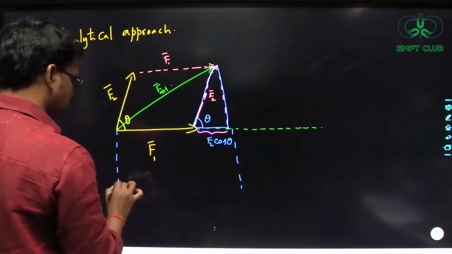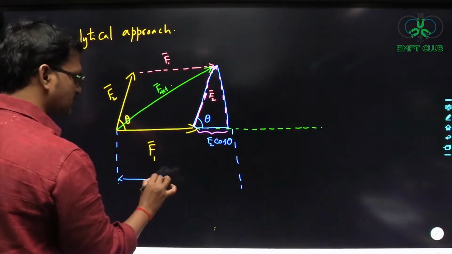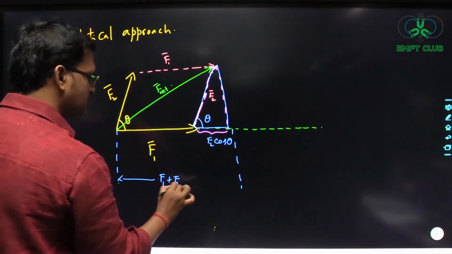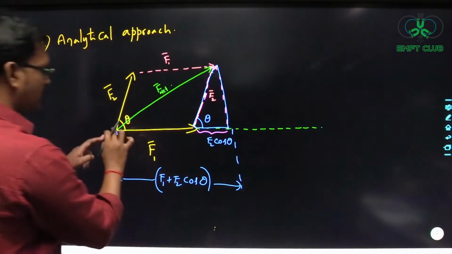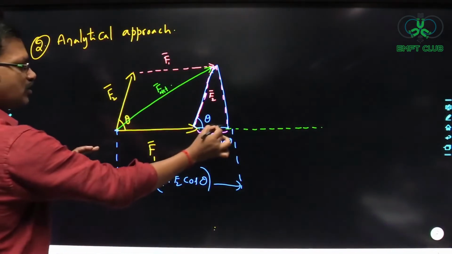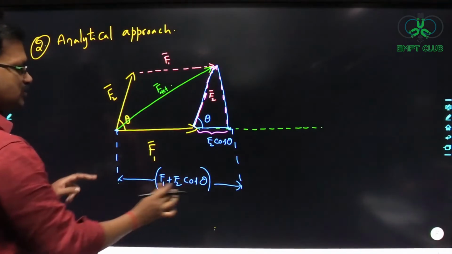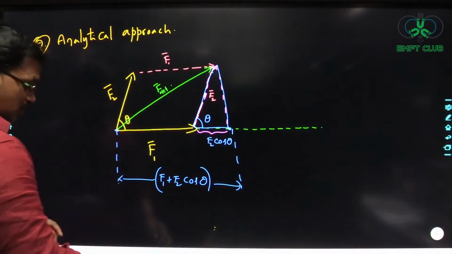What is the total distance from here to here? It is nothing but F1 plus F2 cos theta. The total distance from here to here is nothing but F1 plus F2 cos theta.